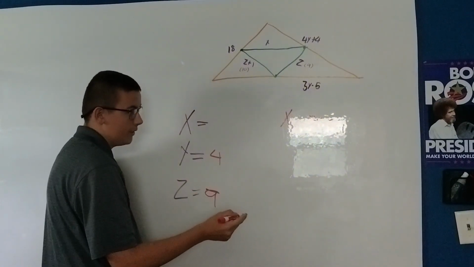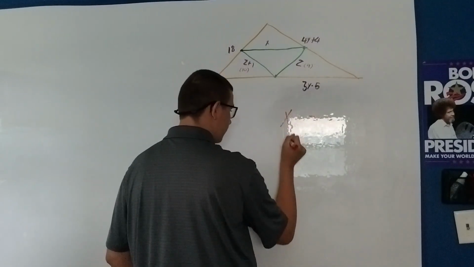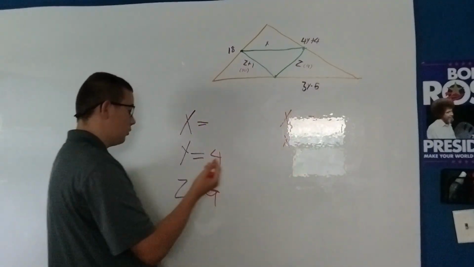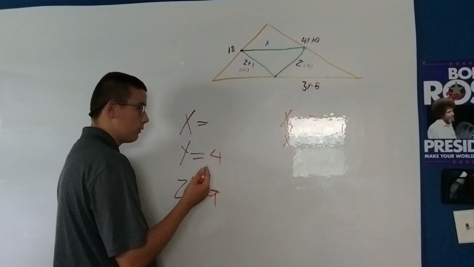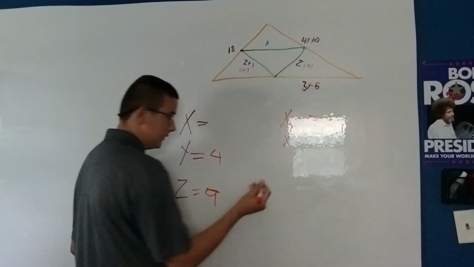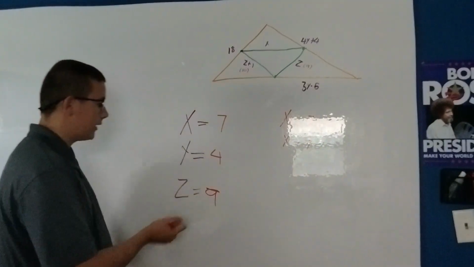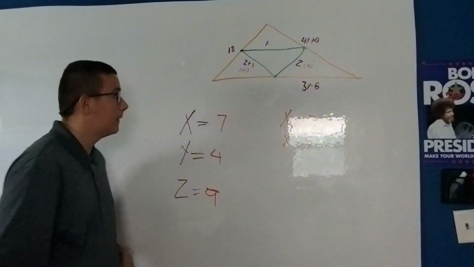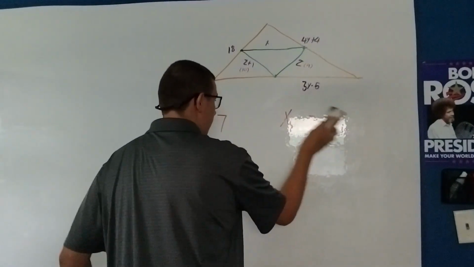So all we have to do here is plug in y. y equals 4, remember, so 4 times 3 is 12, minus 5 is 7. x equals 7, and we plug that in here, and that's your answer, 7, 4, 9. Like that, and that's all you have to do for this one.